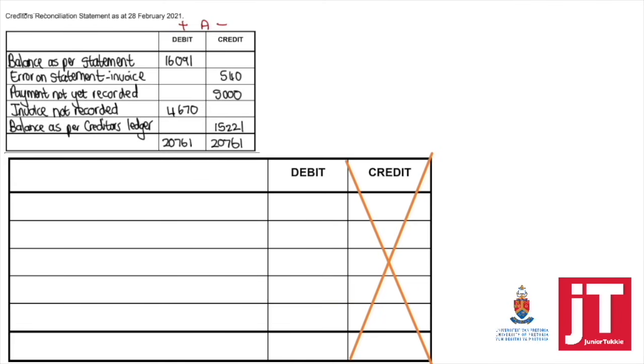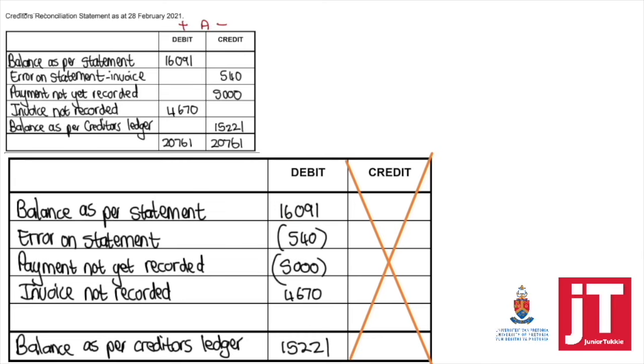Please take note, if you choose to do the one column method, you are more than welcome to. So please take note of the difference. With the one column method, everything that appears on the debit side in the creditors reconciliation statement, no brackets. Everything that appears on the credit side must be in brackets.